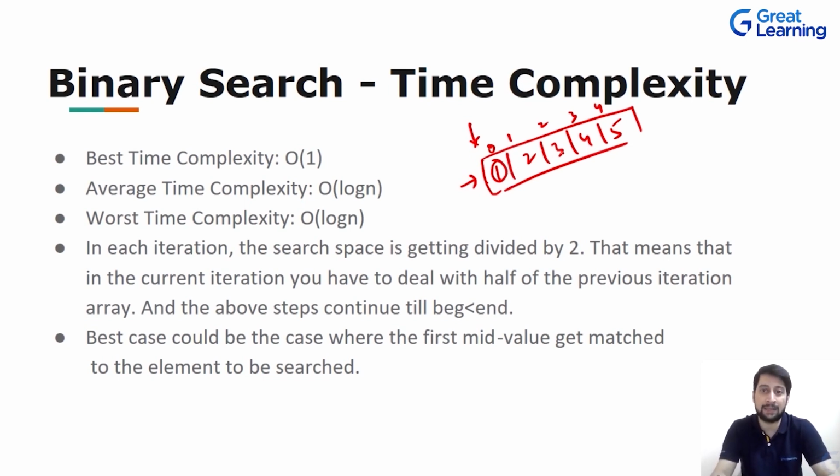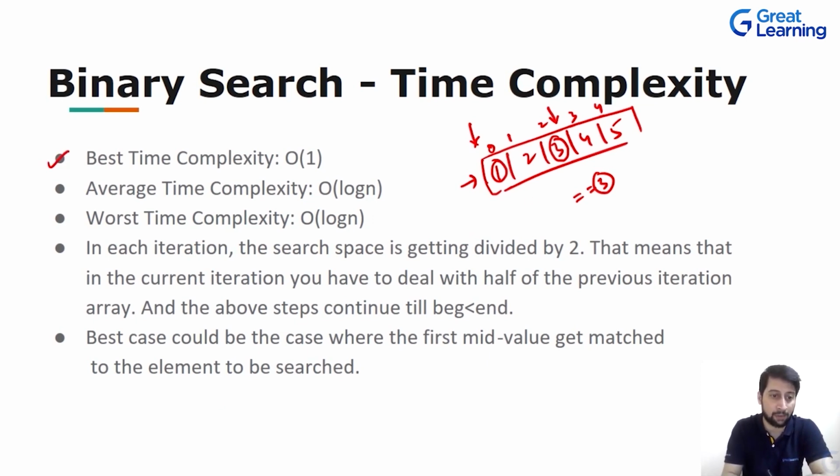But in binary search, the best case scenario is when your middle index is at this location, and you're searching 3 in the entire array. So at that time, this will take a constant amount of time, and this is the best case time complexity in that case.